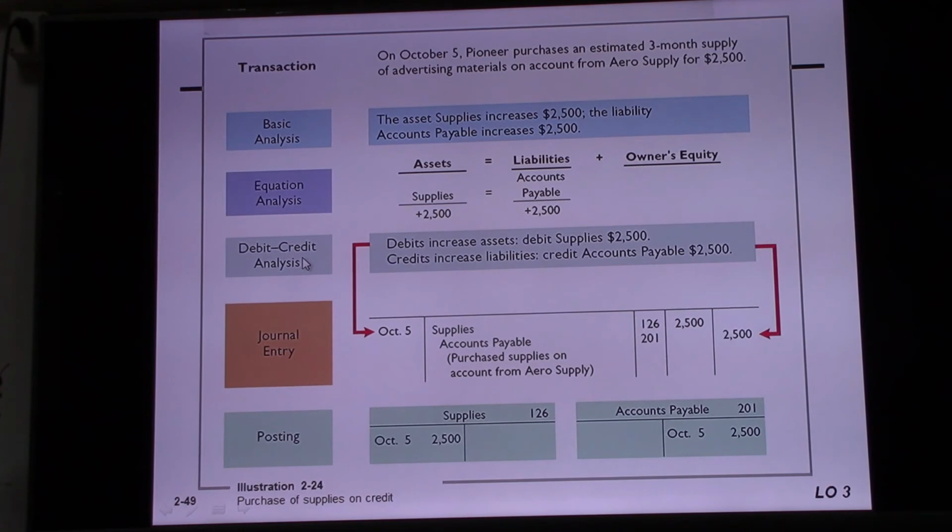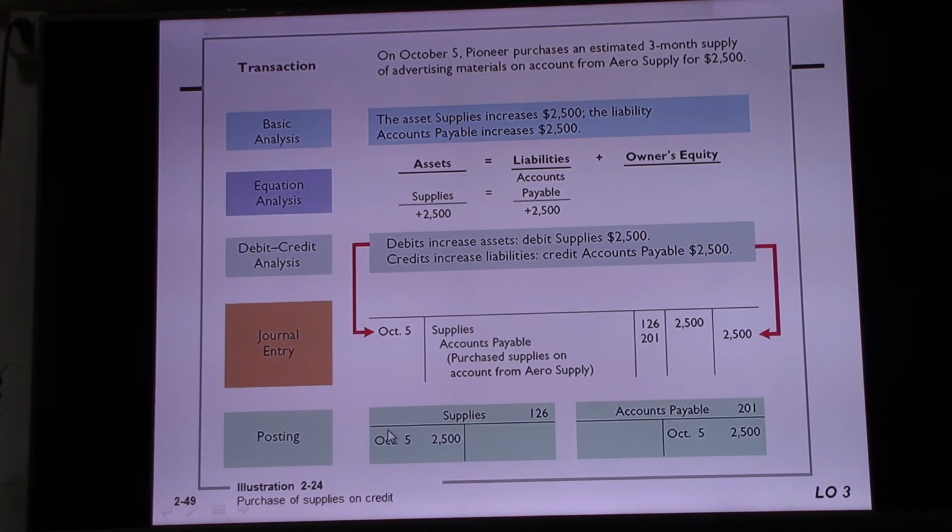Debit and credit analysis. Debit increases as an asset, so we will debit supplies. In the journal entry, supplies is written in the debit side. And also we have accounts payable, our liability increases, and when liability increases, it should be credited, so accounts payable will be credited by this value, $2,500. Then you should transfer this journal entry to the posting or to the T account.